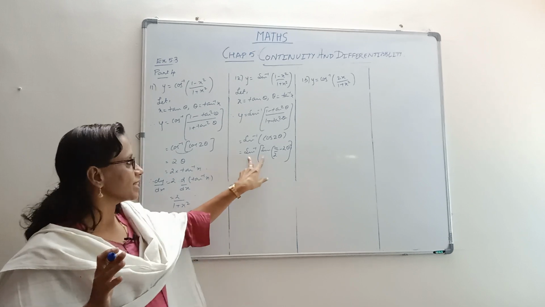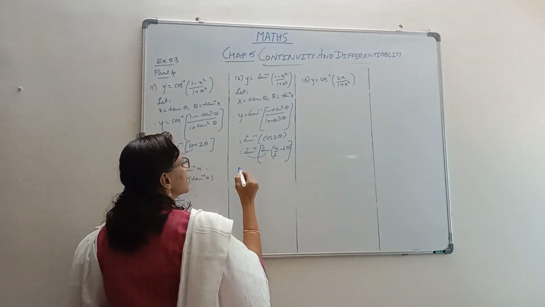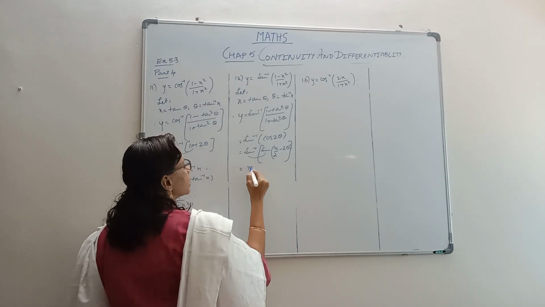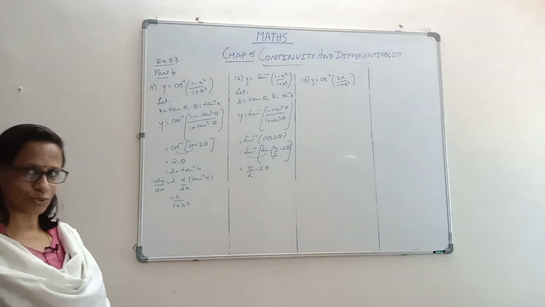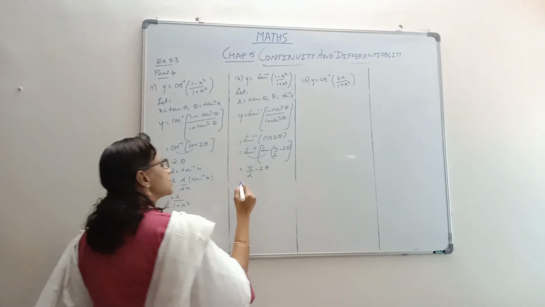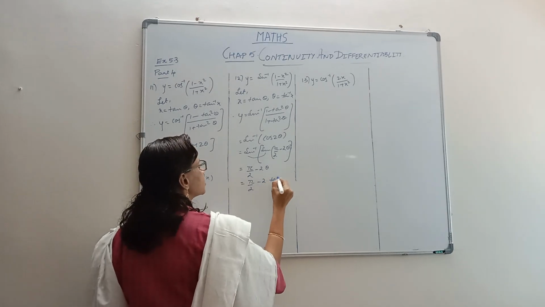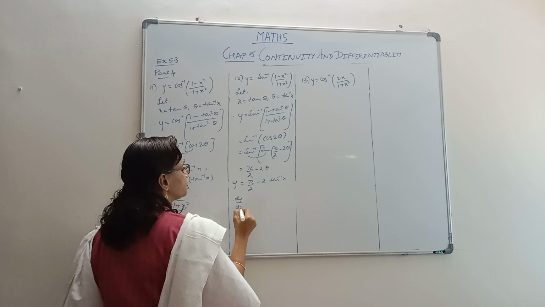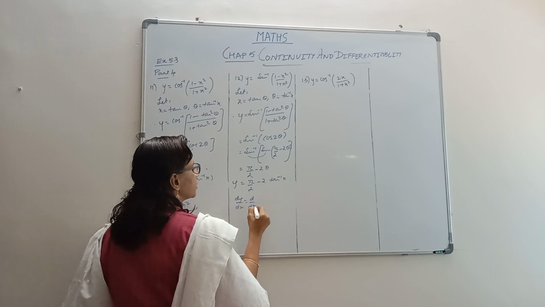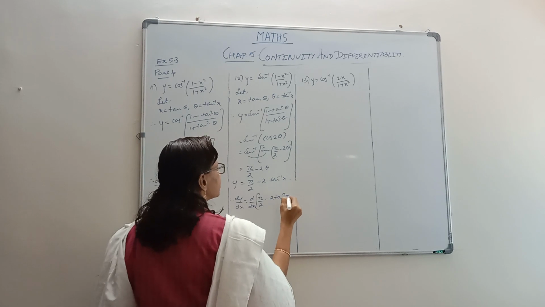Our intention is to get the identity over here. Because sine inverse and sine are inverses of each other, we get the identity. So we are left with just pi by 2 minus 2 theta, where theta we know is tan inverse of x. This is y. Now we take the derivatives on both sides. So it is the derivative of pi by 2 minus 2 tan inverse x.